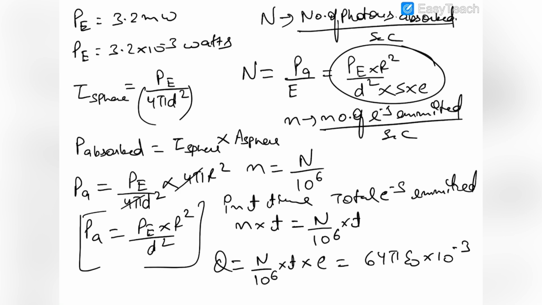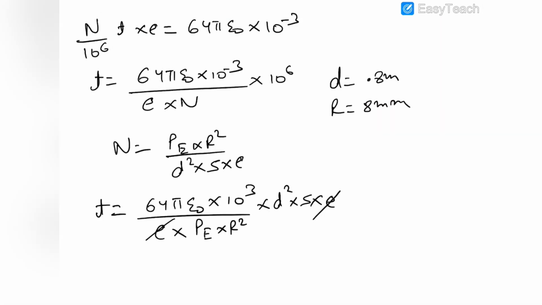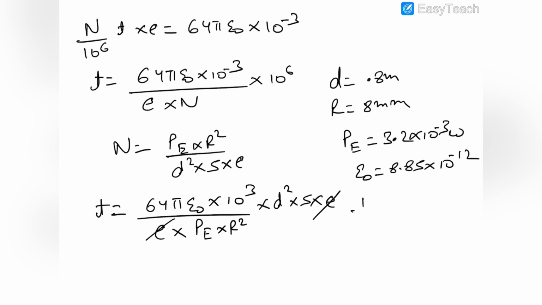The data is given in the question, and power emitted in this case is 3.2 into 10 raised to power minus 3 watt. And epsilon naught has a value of 8.85 into 10 raised to power minus 12, or instead you can do one thing: you can extract 4 pi epsilon naught.